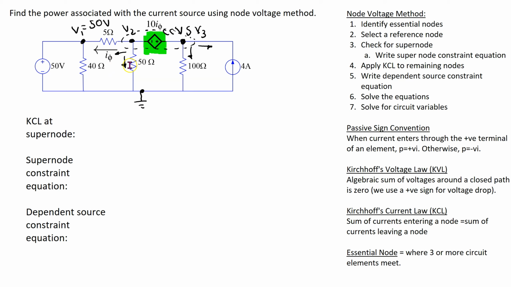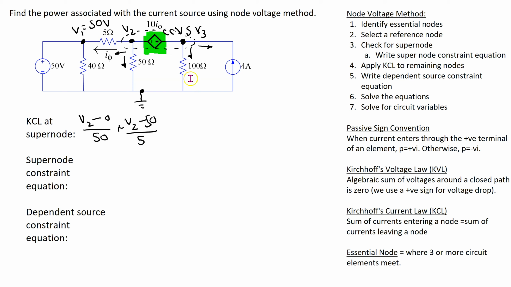Kirchhoff current law states the sum of currents entering a node is equal to the sum of currents leaving a node. So starting with this branch current through the 50 ohm resistor, this branch current is given by (V2 - 0)/50. And then this branch current through the 5 ohm resistor is given by the voltage on this side minus the voltage on this side, which is 50, divided by the resistance. So this gives (V2 - 50)/5.